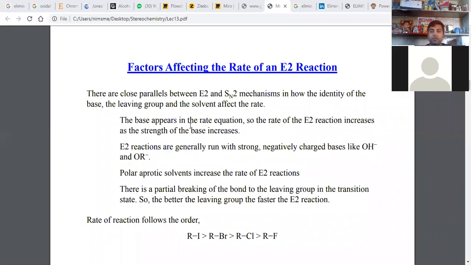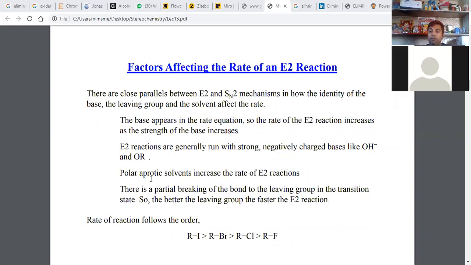If the concentration of the base increases, the E2 reaction rate increases as well. E2 reactions are generally run with strong negatively charged bases like hydroxide or alkoxide bases.